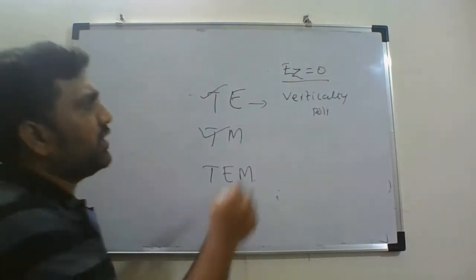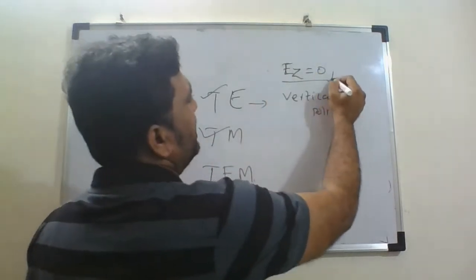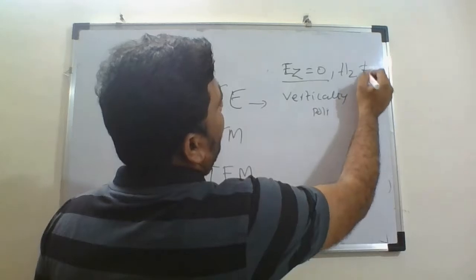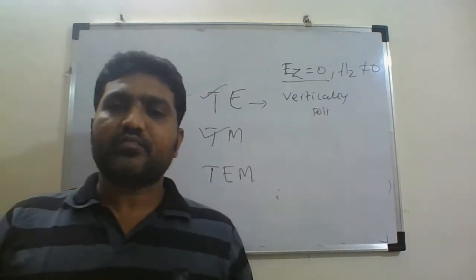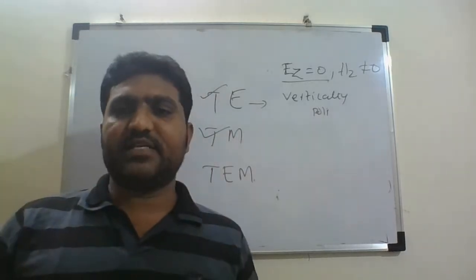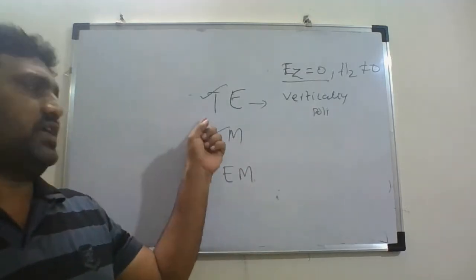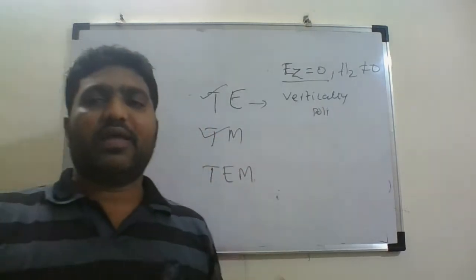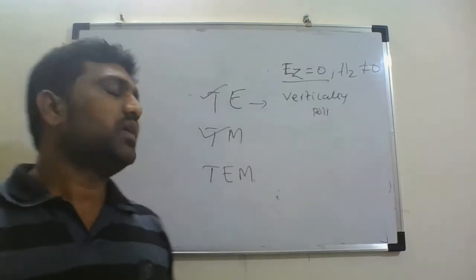That is, the longitudinal component of the electric field Ez will always be equal to 0 and Hz will not be equal to 0. The transverse component of the electric field will only exist and the longitudinal component will be 0. That is why we call it a transverse electric wave. Everywhere the electric field is transverse to the direction of propagation.